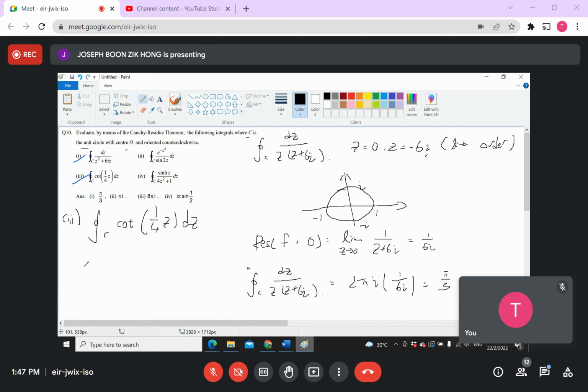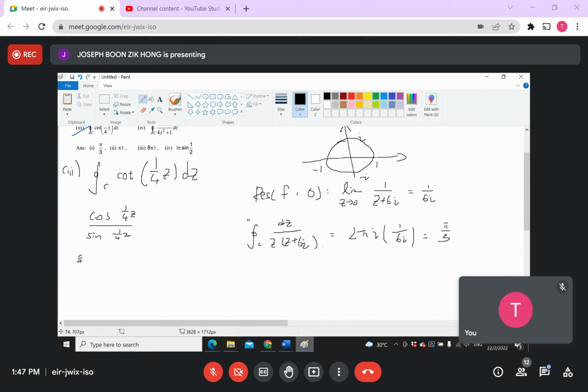Tangent is sine over cos, so cotangent is cos over sine. If you want to make sine of 1 over 4z equal to 0, that means 1 over 4z will be n pi. That means your z will be 4n pi.